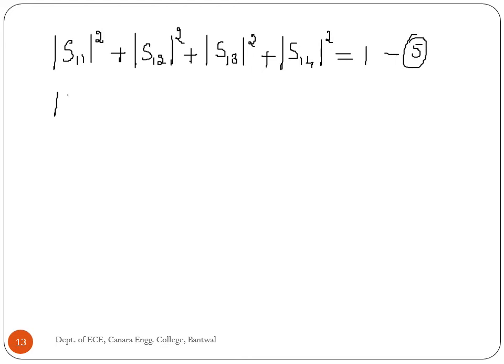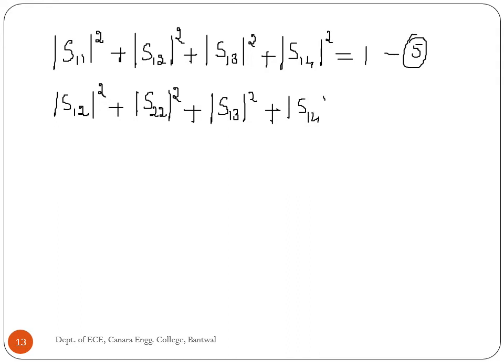Similarly, S12 square plus S22 square plus S13 square plus S14 square is equal to 1. Equation number 6.